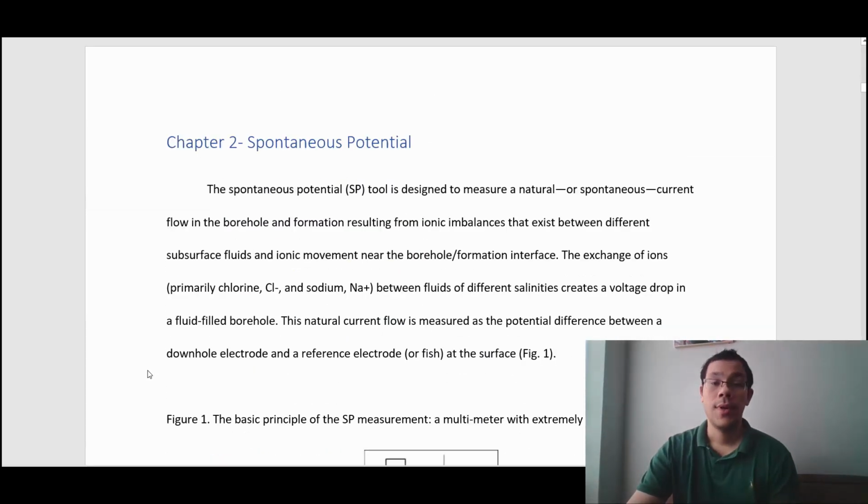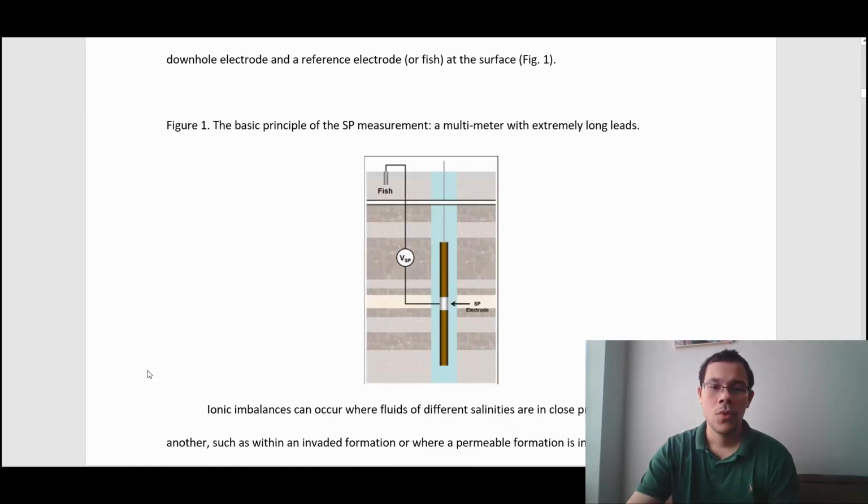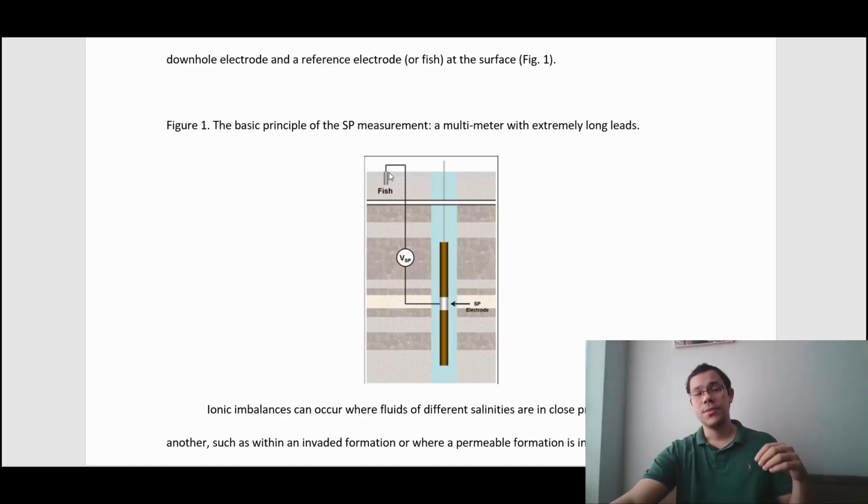So what is SP? What is spontaneous potential? I'd like to describe it with this image. It is basically a voltage that we will be measuring between our wireline logging tool, a resistivity tool, it could be an induction or lateral log, and another electrode that we're going to place at surface.